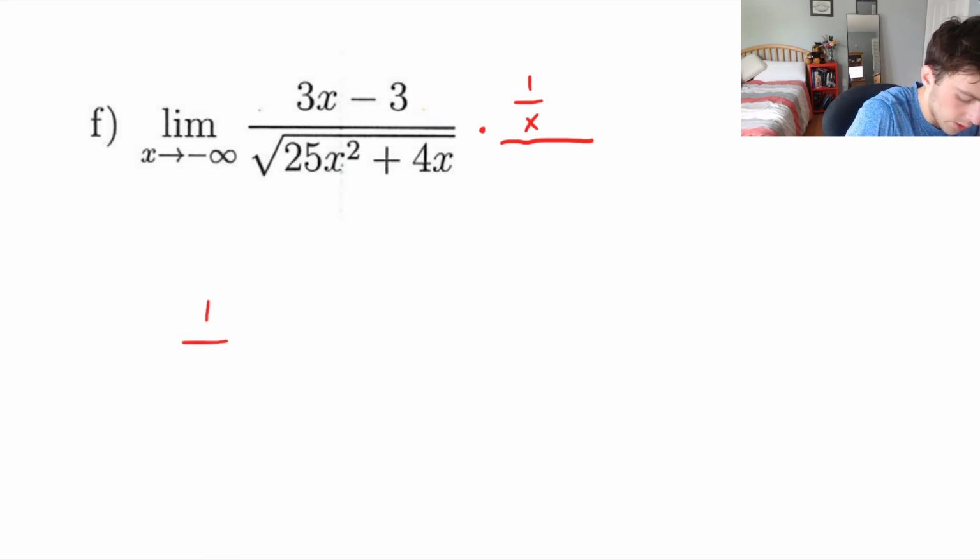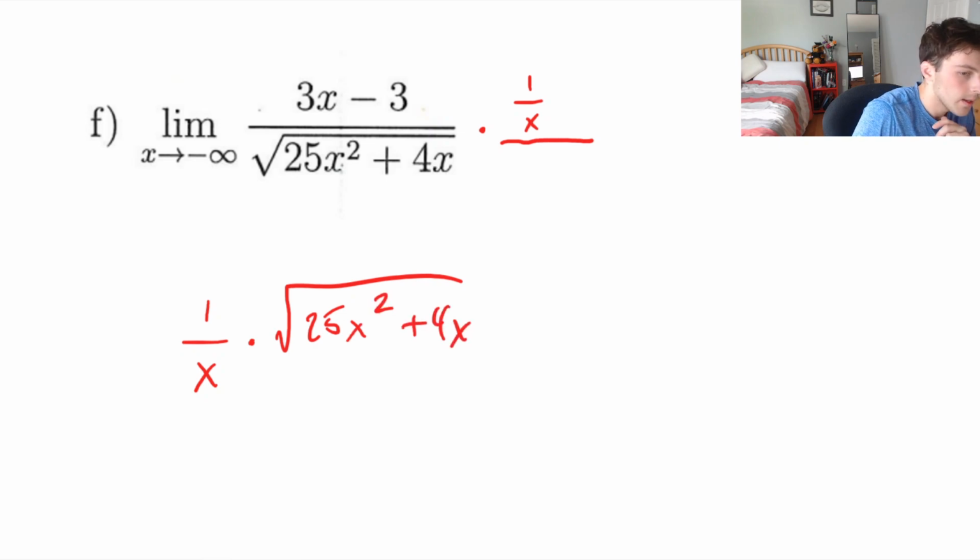You can see here, if we try doing 1 over x times the square root of 25x squared plus 4x, this isn't going to get us anywhere. We can't reduce this. But notice if we had the square root of x squared, well, it's the same thing, right? But now, because they're both underneath square roots, we're able to reduce the power terms inside of that radical.